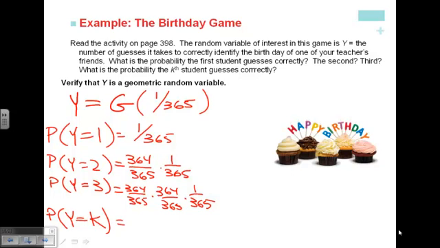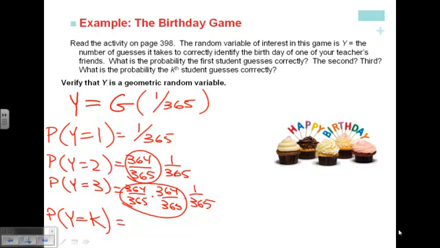Well, let's see. On the second try, we had one failure. On the third try, we had 2 failures. If we had the first success on the kth try, how many failures must we have had? K minus 1 failures? 1 fewer than K?